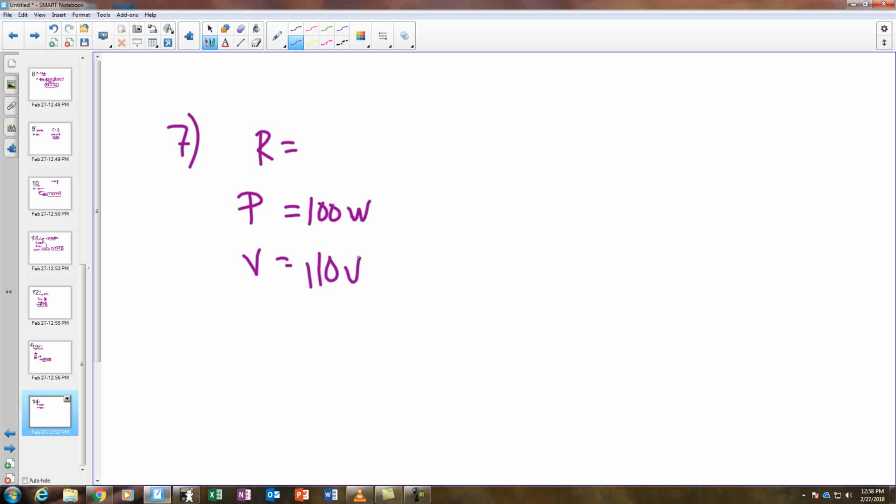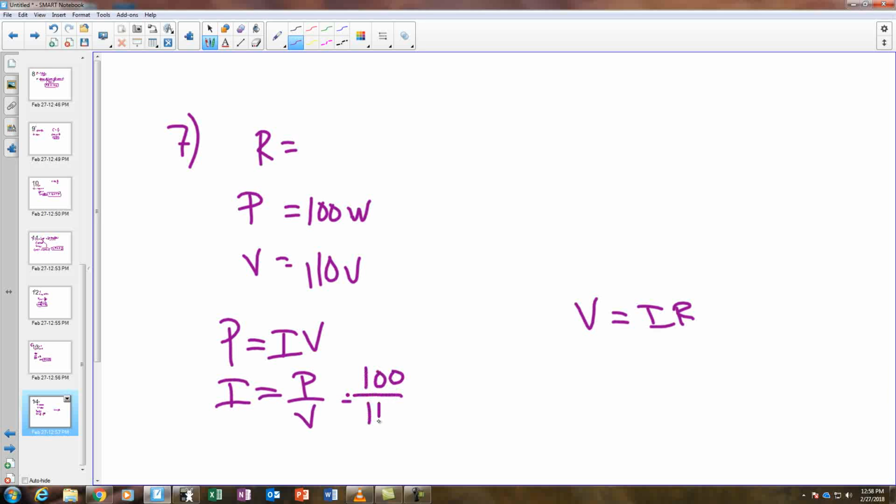To be honest, power is typically related as P equals IV. Technically, we also know that V equals IR from the last problem. You could combine them into one equation that only uses P, V, and R, but I have zero problem finding the current first. So I would equal P over V, which is 100 over 110. 100 divided by 110 gives 0.9090, repeating.